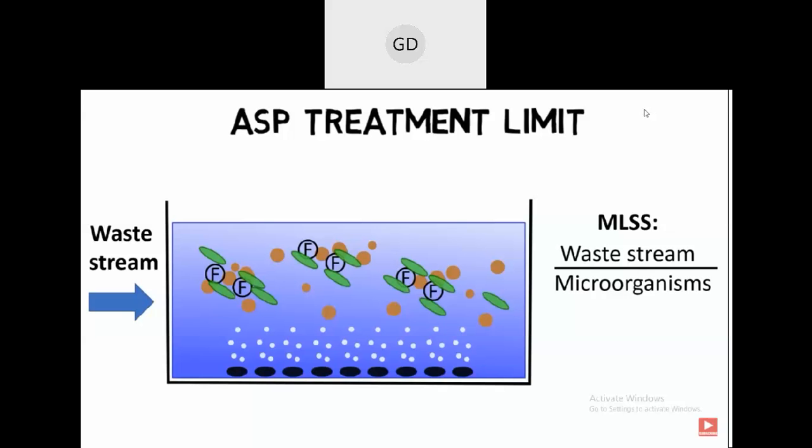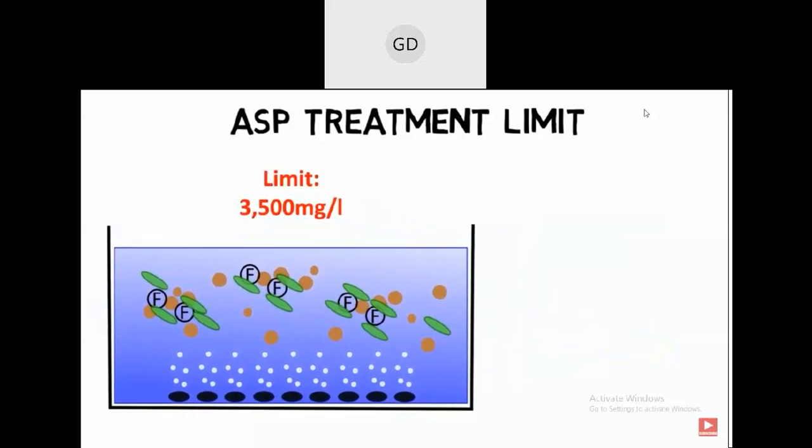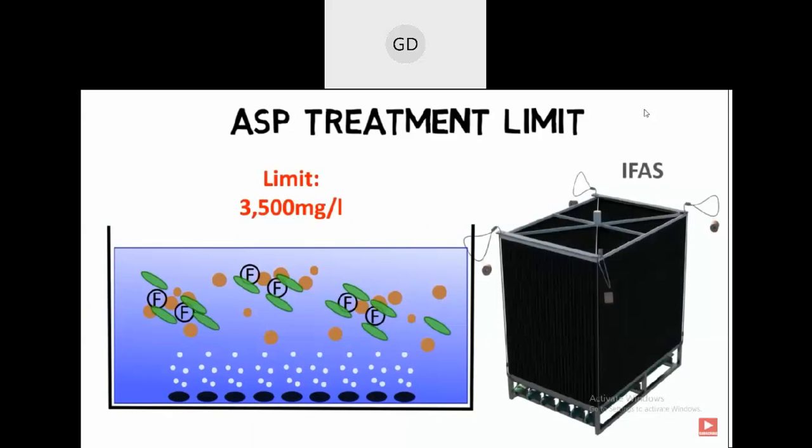The maximum MLSS concentration for activated sludge basins is about 3,500 milligrams per litre. However, by adding fixed film media into the aeration basin, also known as IFAS systems, the MLSS can be increased by up to 5,000 milligrams per litre, meaning the treatment performance can be increased by up to 50%.